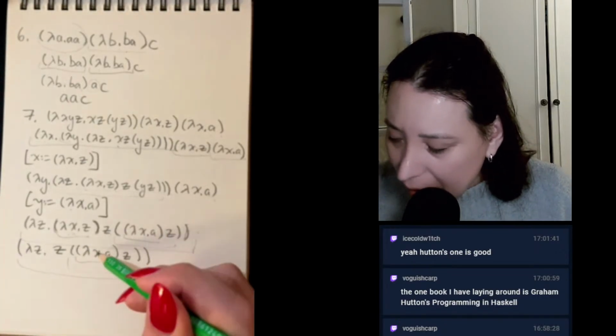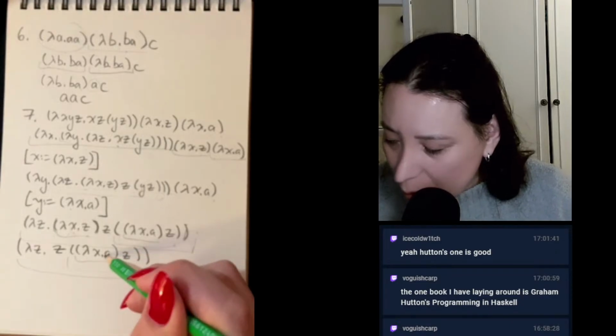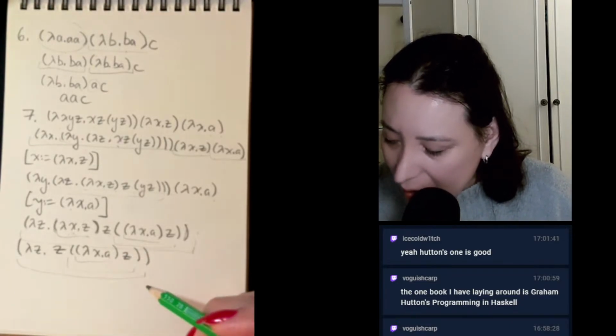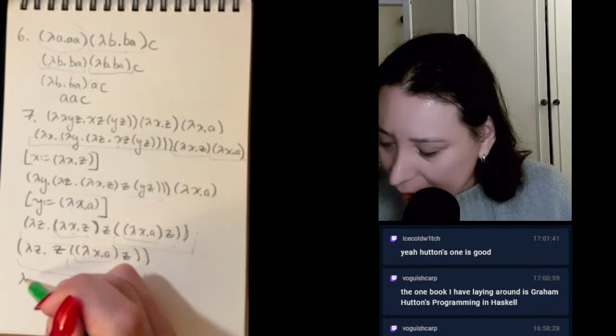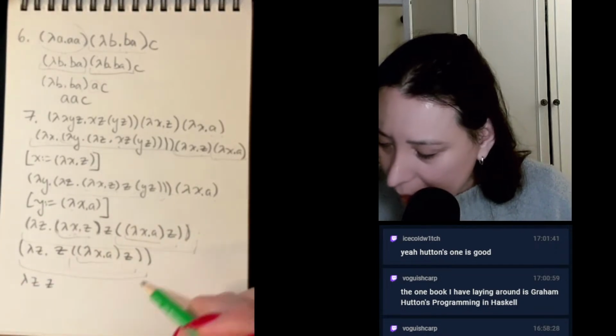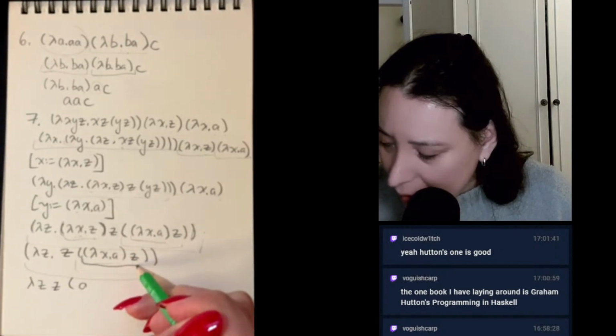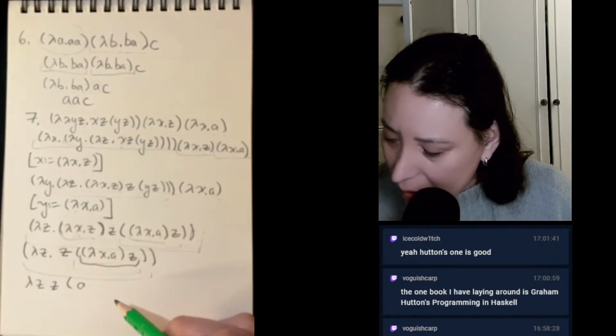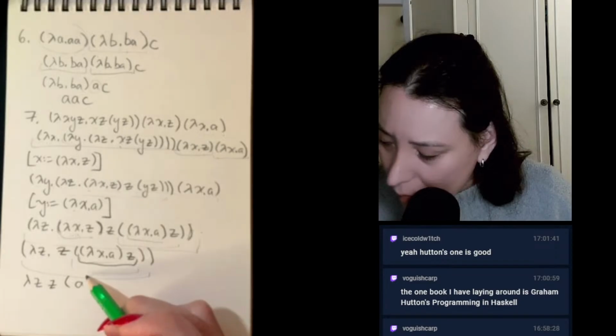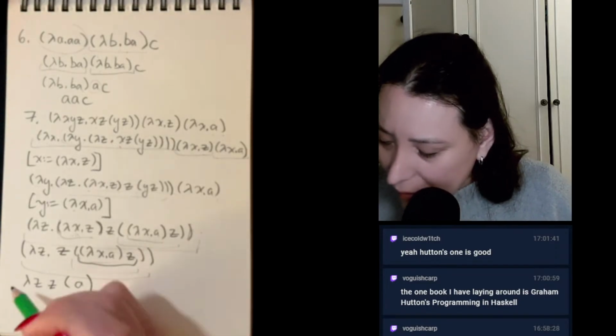So we have another function here that we can apply that's always going to return a. So this thing here is going to turn into an a. So we end up with this.